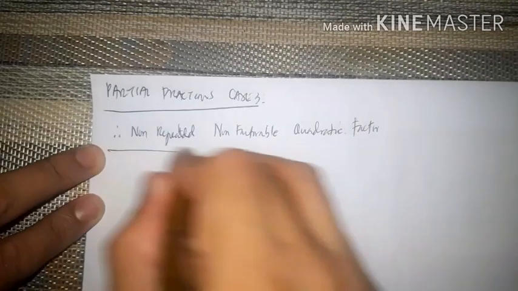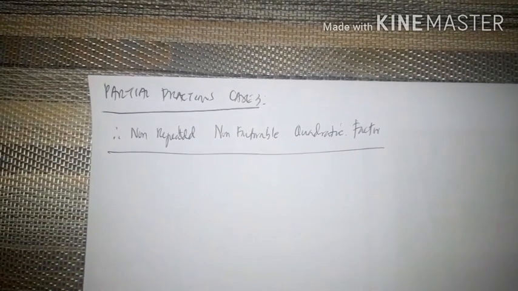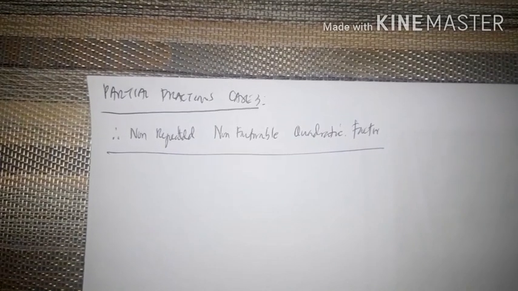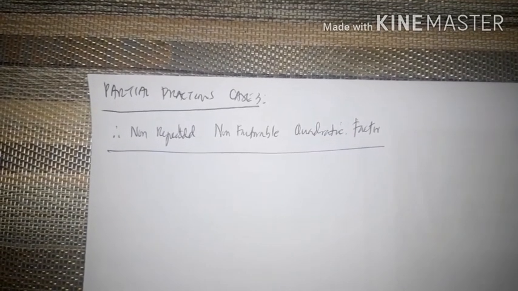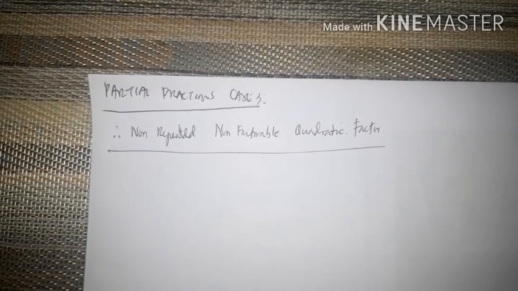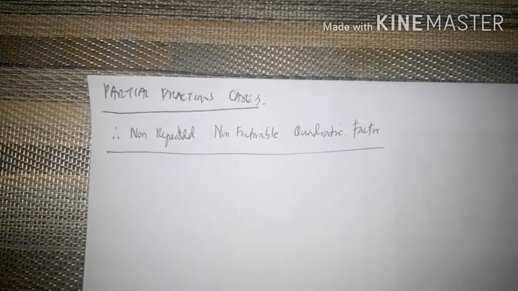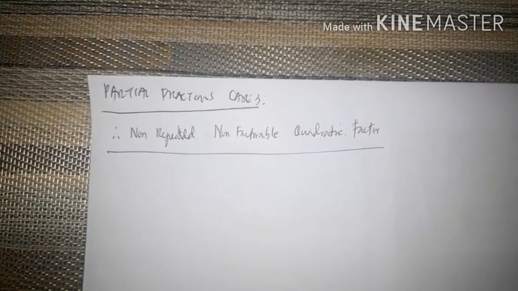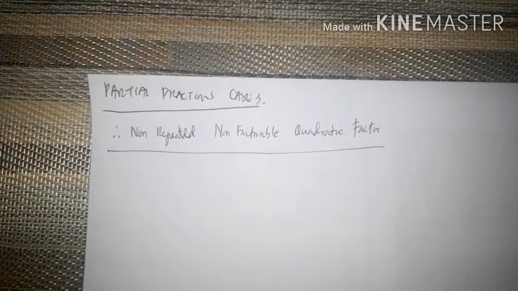So, if the denominator contains a non-factorable quadratic factor, so that will fall under case number 3 ng partial fractions using integration. So, let us try to solve an example.